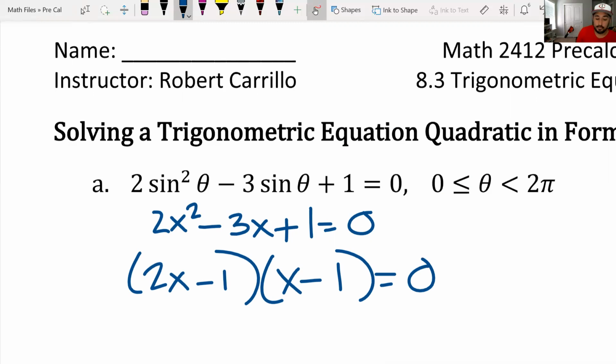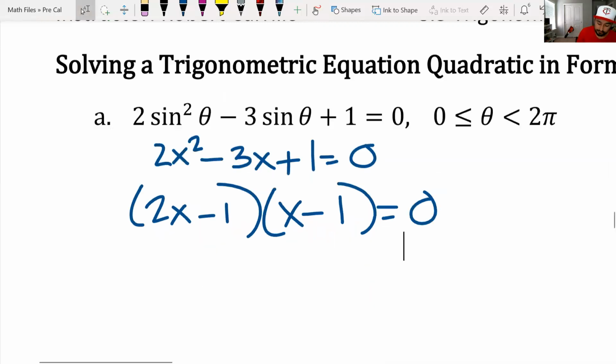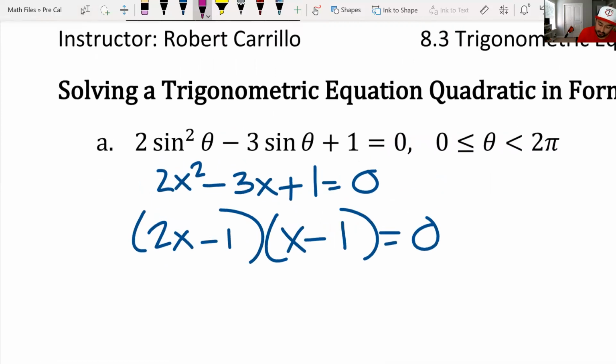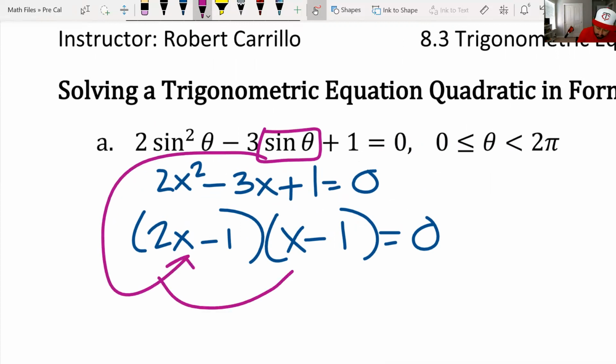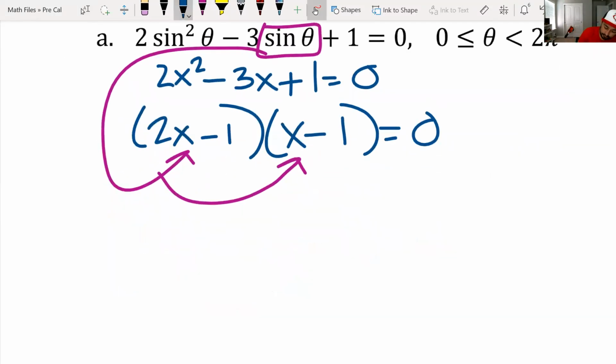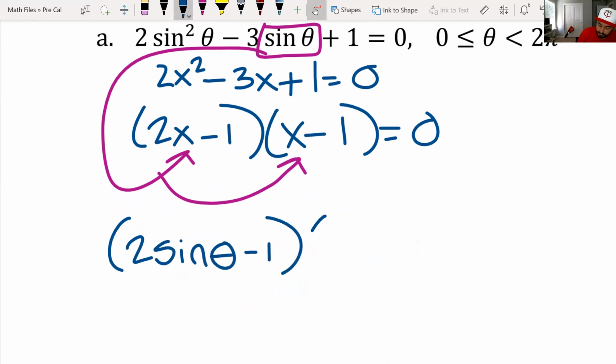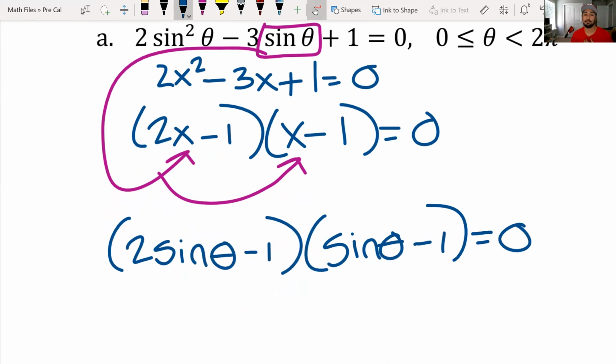But now, all you have to do is replace all of these x's with the sine function. And we're there. So this becomes 2 sine theta minus 1 times sine theta minus 1 equal to 0.